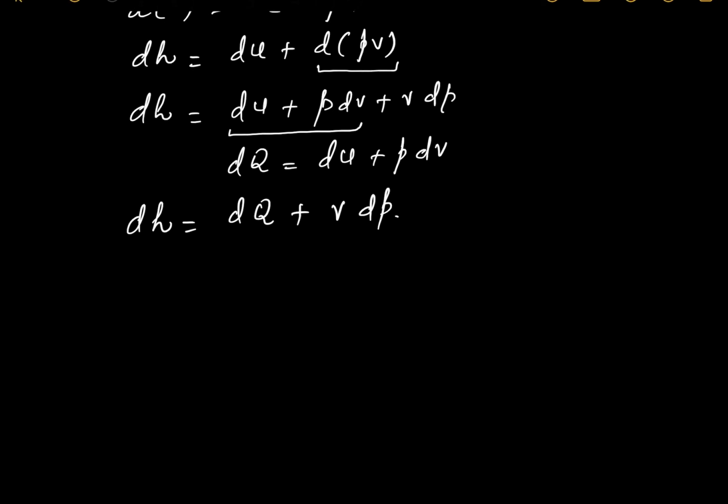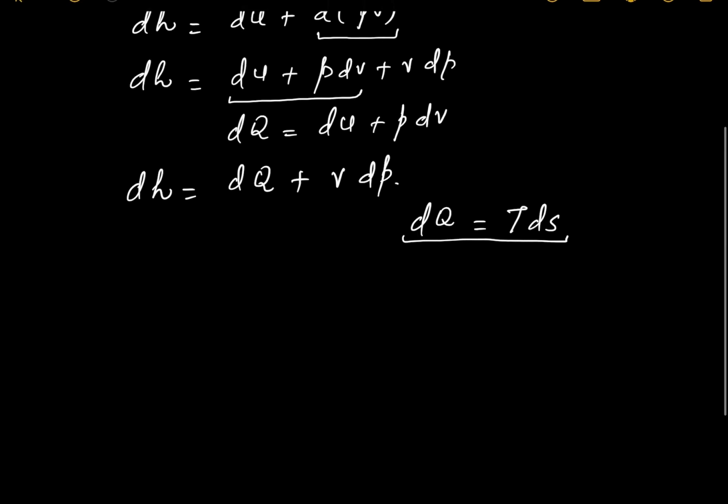Now we can write dQ as TdS, where dS is the change in the entropy. So let's put this value directly into the equation. We'll get dH equals TdS plus VdP.